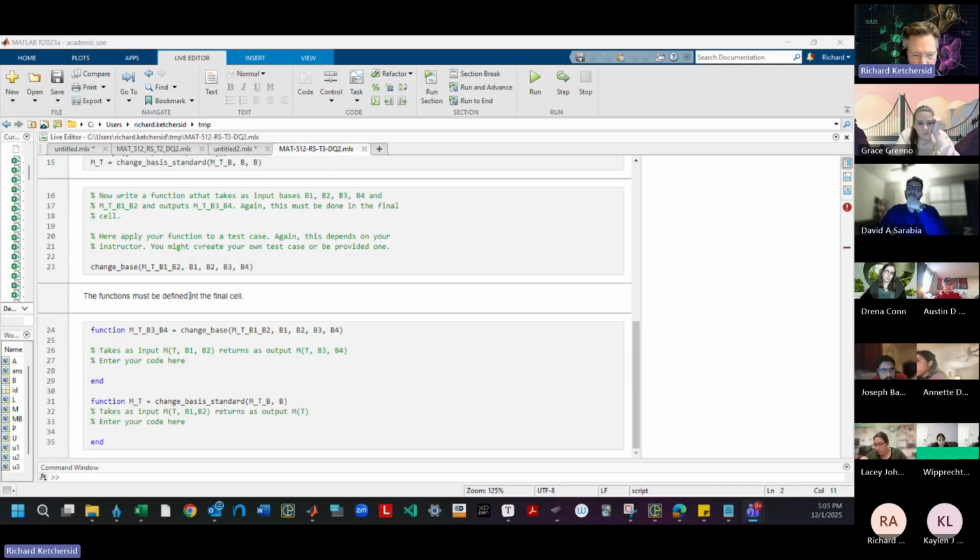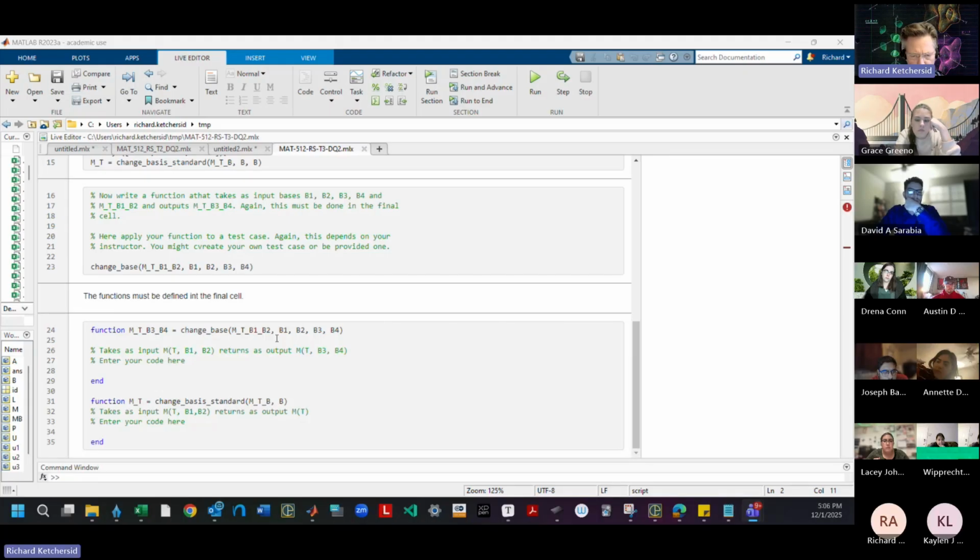Okay, so I've given you a cell down here in which you're going to write your function. And it's been a little while since I've done this, but I guess the way this works is the output will be this matrix here. The output here will be this matrix MT. This will change basis to standard matrix basis. And all we're going to do is work with these variables here.